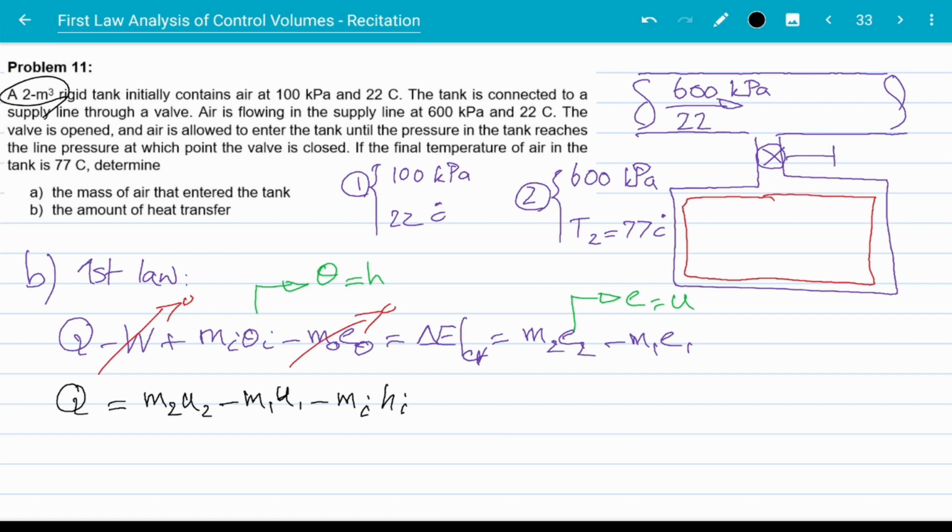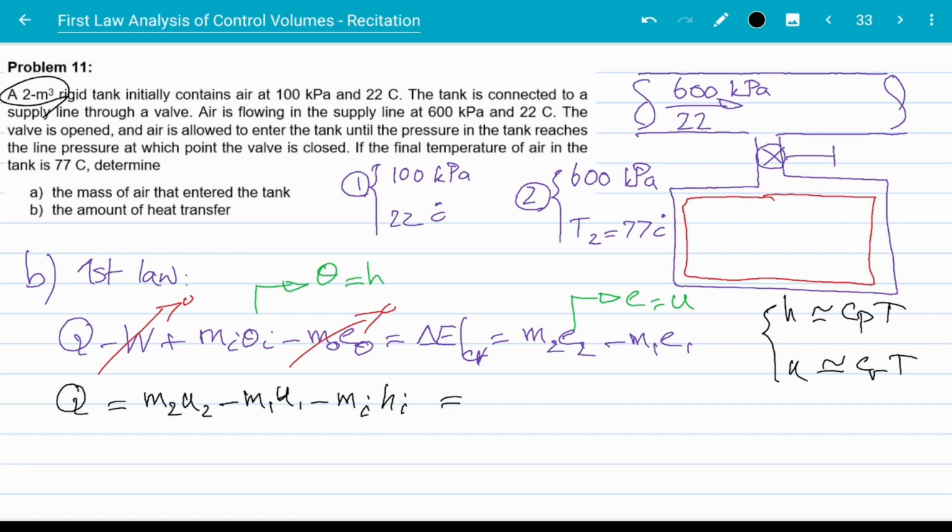There are property tables for air as an ideal gas at the end of nearly all thermodynamic textbooks, or you can approximate internal energy and enthalpy using these equations. Enthalpy of an ideal gas can be approximated by Cp T of the gas. Internal energy of an ideal gas can be approximated by Cv times temperature. Now, both these temperatures have to be in Kelvin. Just remember that.